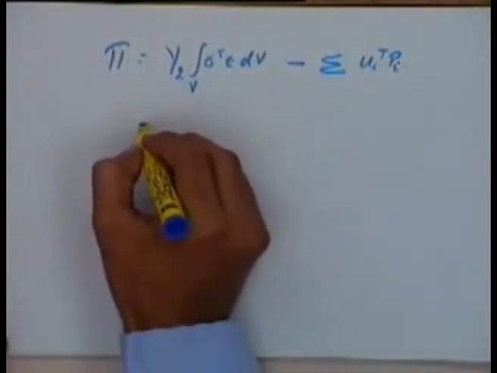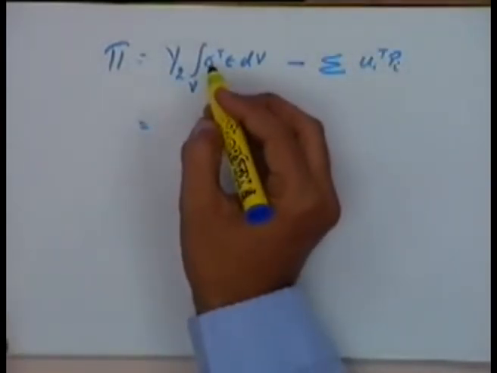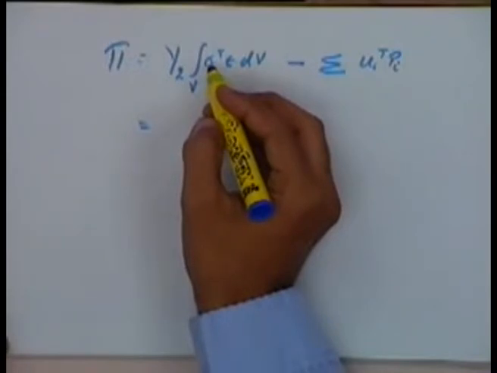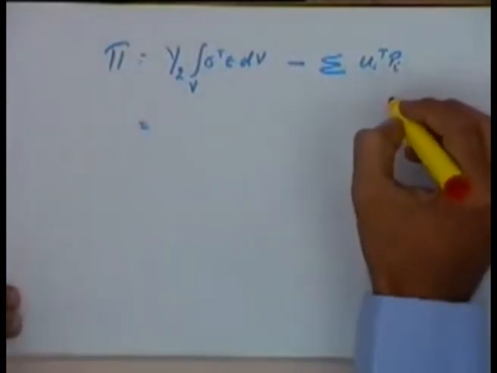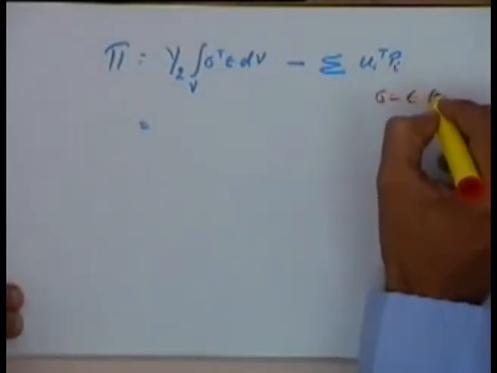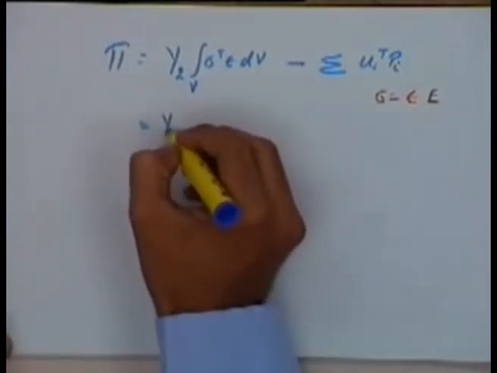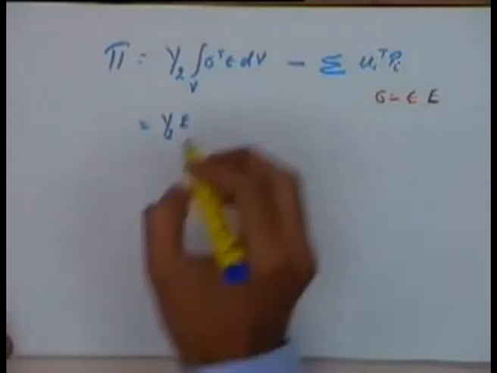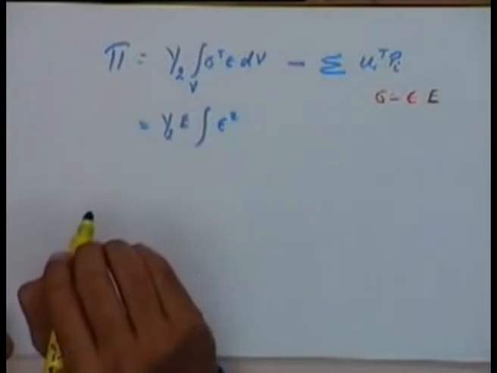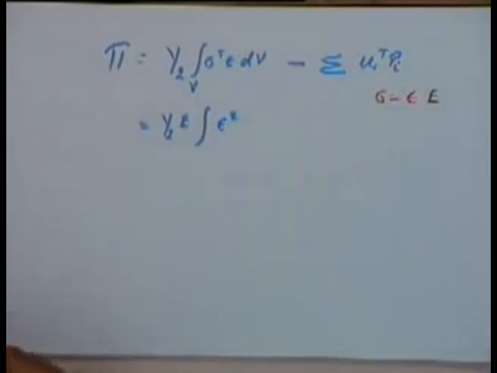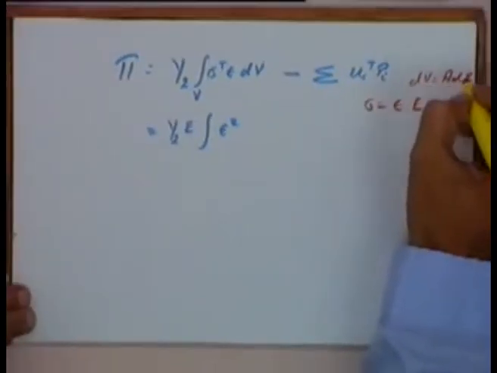Since it is again a one dimensional case, sigma is equal to epsilon into E. So we will use that over here and we will get half of E, which is a constant, multiplied by epsilon squared. Then dV will be equal to A times dx.